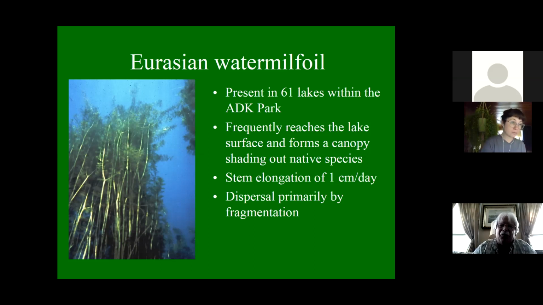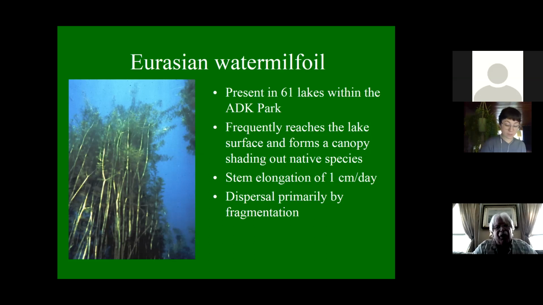Those stems can grow right to the surface of the lake, and I've encountered these plants with stems as much as 15 feet tall. So they can get quite tall, and then they grow laterally across the surface of the lake, creating a canopy. They shade out the native plants, and they win the battle for space by creating that shading. They also tend to grow in these really dense single species stands.